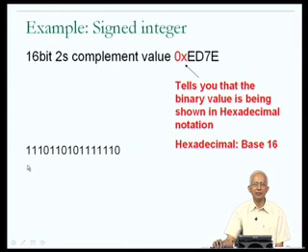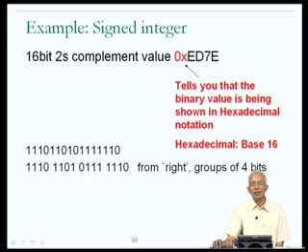So let's just consider this 16-bit binary sequence, 1, 1, 0, etc. So there are 16 bits here. Now if this was an unsigned binary value, I would say that this bit, the one on the extreme right side, has a value of 1, then a value of 2, a value of 4, and so on.